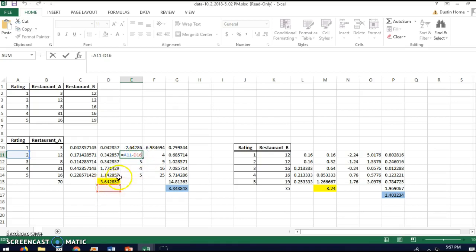We want to keep subtracting this cell. So we're going to do D15, and then we're going to do D15 again. We're always subtracting that one. D15, and then D15.